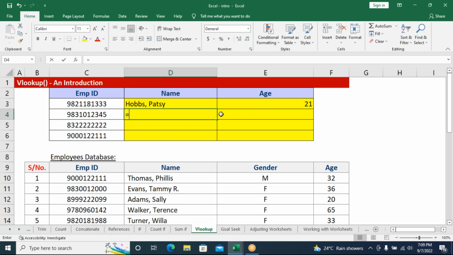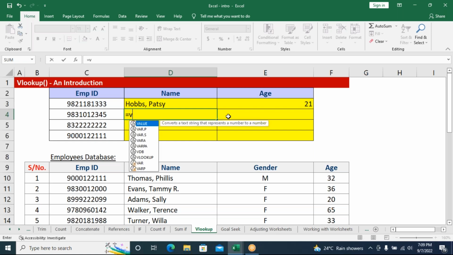Now I'm looking for name. That is in the second column: first column, second column. So I'll type in 2 and I want the exact match. If I'm choosing the numeric number, 1 means true, 0 means false. I want to see the exact match. I'll close the parenthesis, enter.